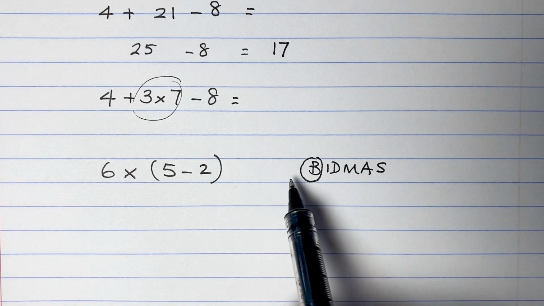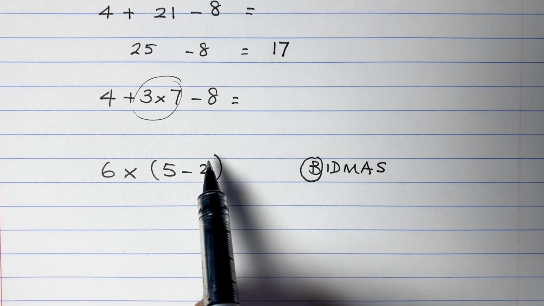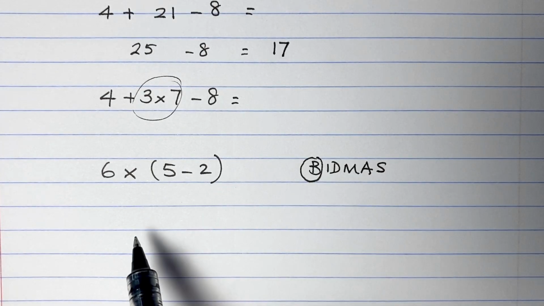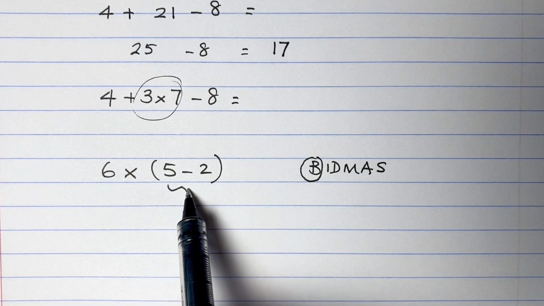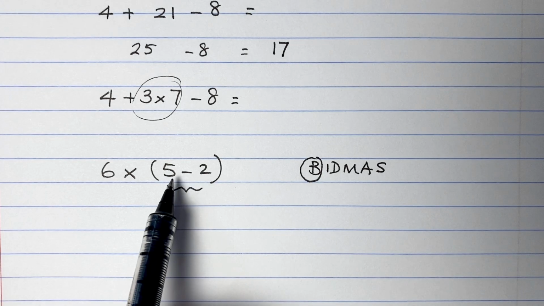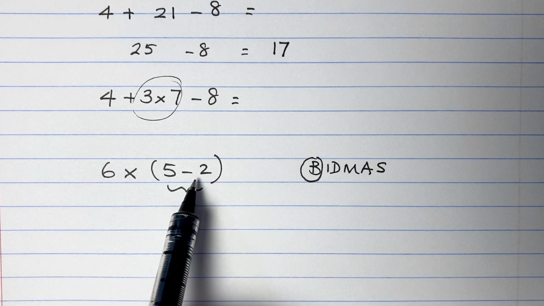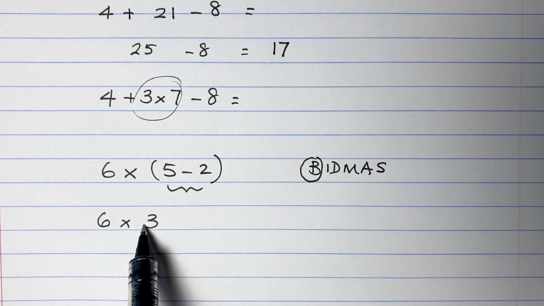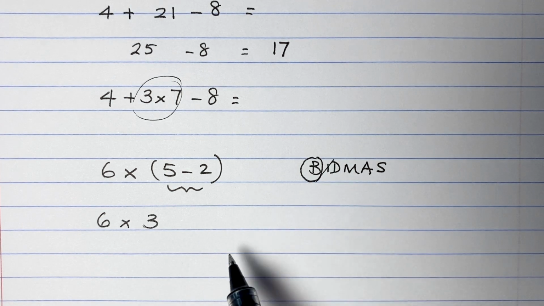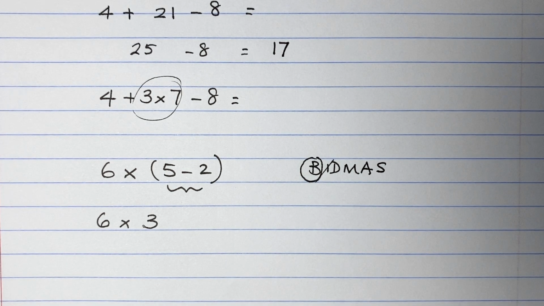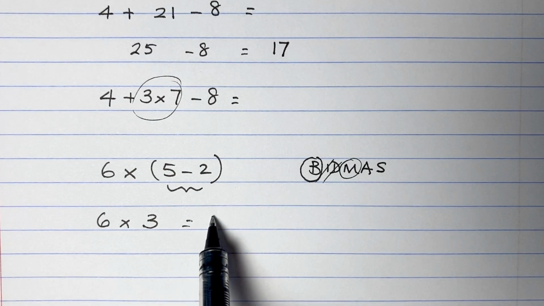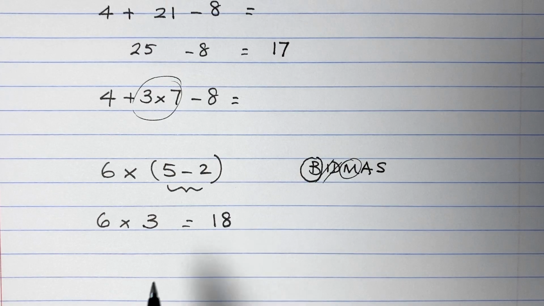And by saying yes, we have a bracket doesn't mean confirming there is a bracket. It means deal with what's inside the bracket. Inside the bracket has got to be done first. So 5 take away 2 is 3. So we have 6 times 3. There are no indices, there is no division, and there is a multiplication. So we multiply: 18.